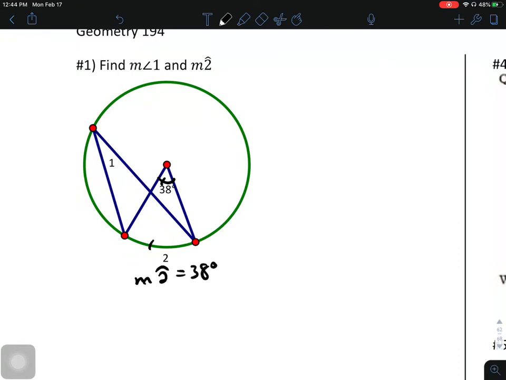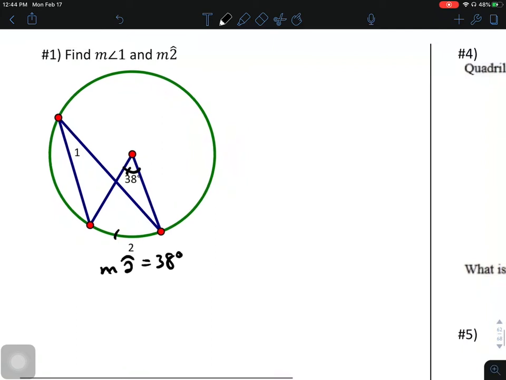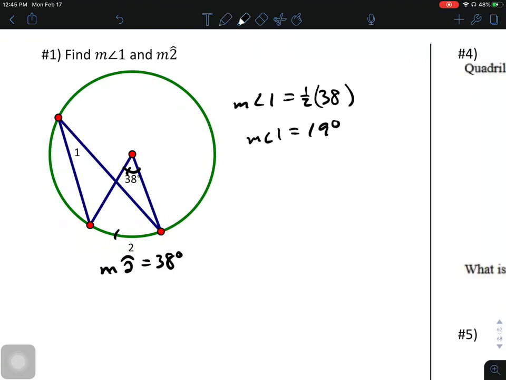An inscribed angle, which is what the measure of angle 1 is, has to be half the intercepted arc. So that is half of 38, which is 19 degrees.